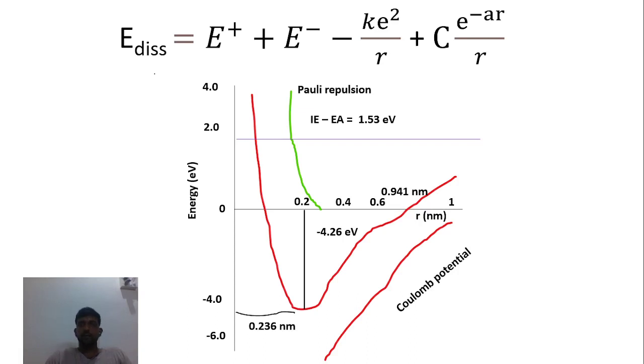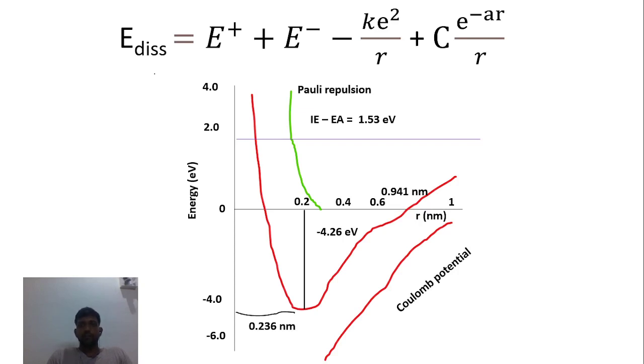Then we have Pauli repulsion. Actually I am making this video to help you understand how Pauli repulsion works. In general it is believed that the electron cloud is repelling, but if this were just repulsion between two electron clouds, the values would not be that great.